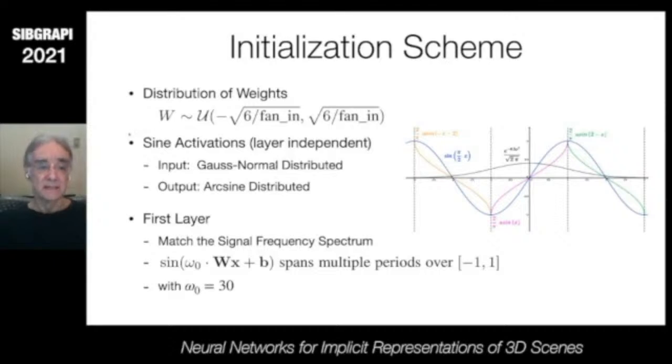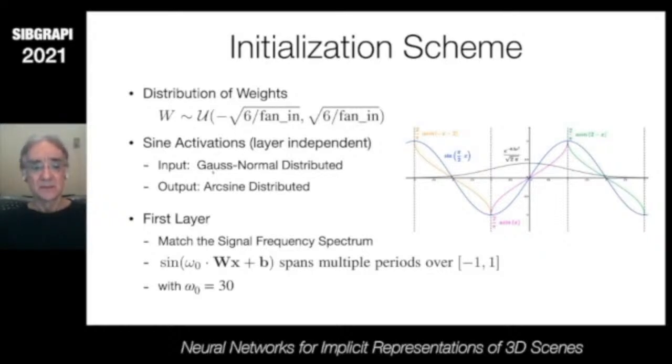And then the hidden layers are initialized in a way that gives very stable training, because in the paper, the authors prove a theorem that says that if you distribute the weights based on a uniform distribution from minus square root of 6 divided by the number of input signals in each layer to square root of 6 divided by the number of inputs of the layer.